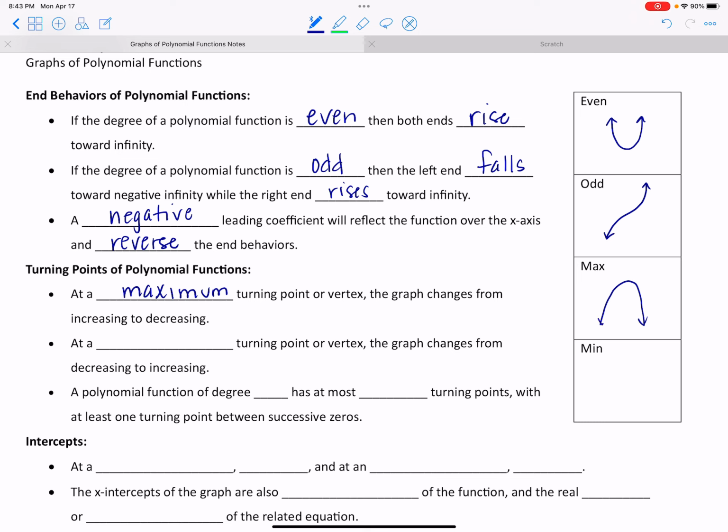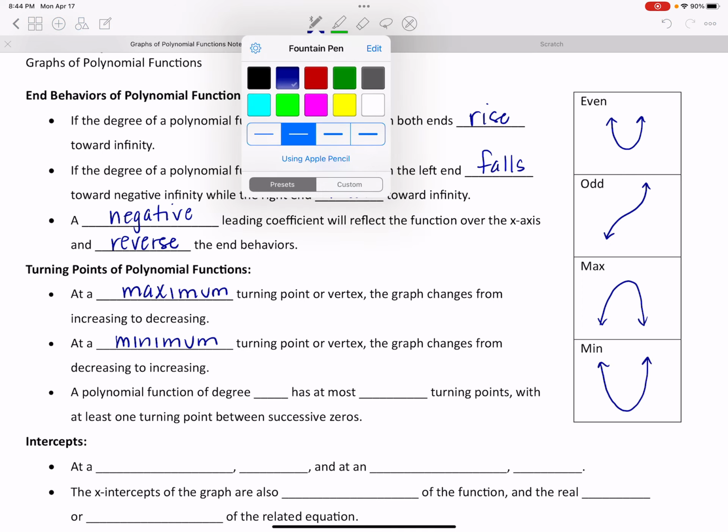The graph is increasing till it gets to that turning point, and then it is decreasing. And vice versa, if we change from decreasing to increasing, then that turning point or vertex would be a minimum. So at a minimum, we're still going to turn, but from decreasing to increasing, so something like this.